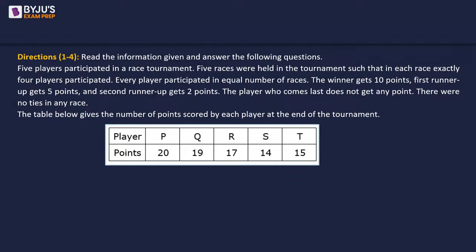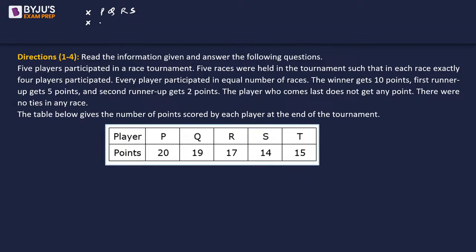Okay, so there are 5 players and there were 5 races, right? Such that in each race exactly 4 players participated. Well, we can have, I don't know the race number, right? It's not mentioned what is the sequence, but in one of the races, PQRS participated and T was not there.